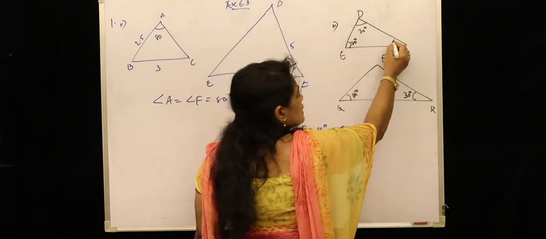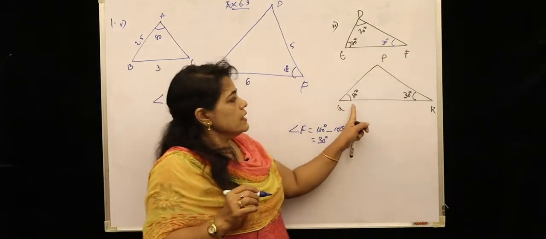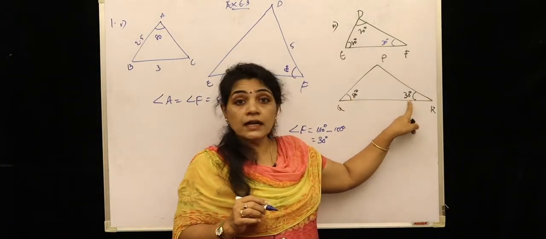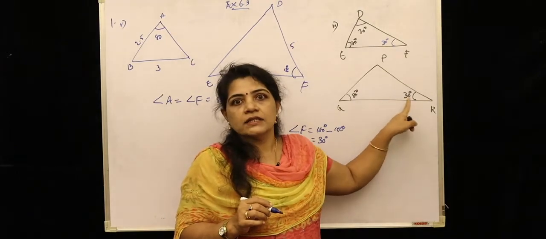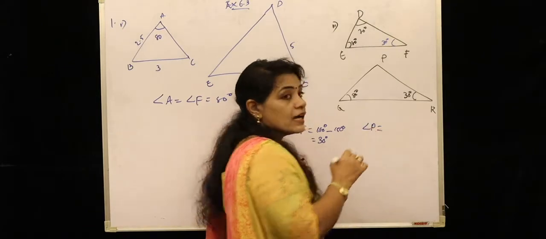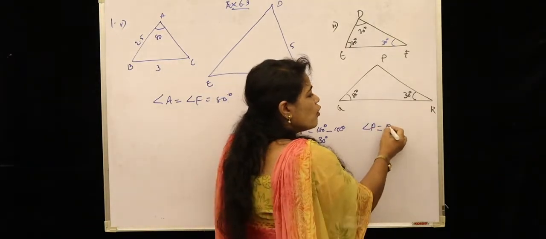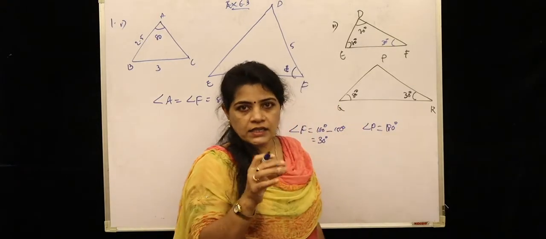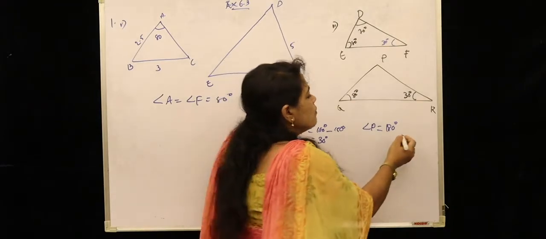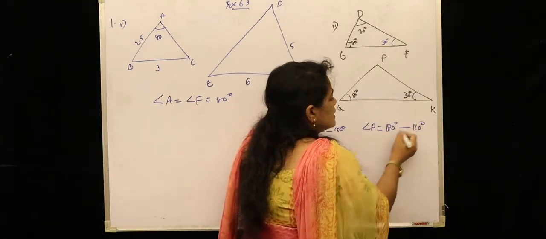So you can write here angle F as 30 degrees. Also in the second triangle PQR, we are given angle Q and angle R, that is 80 plus 30, 110, which should be subtracted from 180. Then you will get angle P, the third angle, by the angle sum property, that is the sum of all three angles is 180, that is why we are subtracting the sum from 180 degrees: 180 minus 110 is 70 degrees.